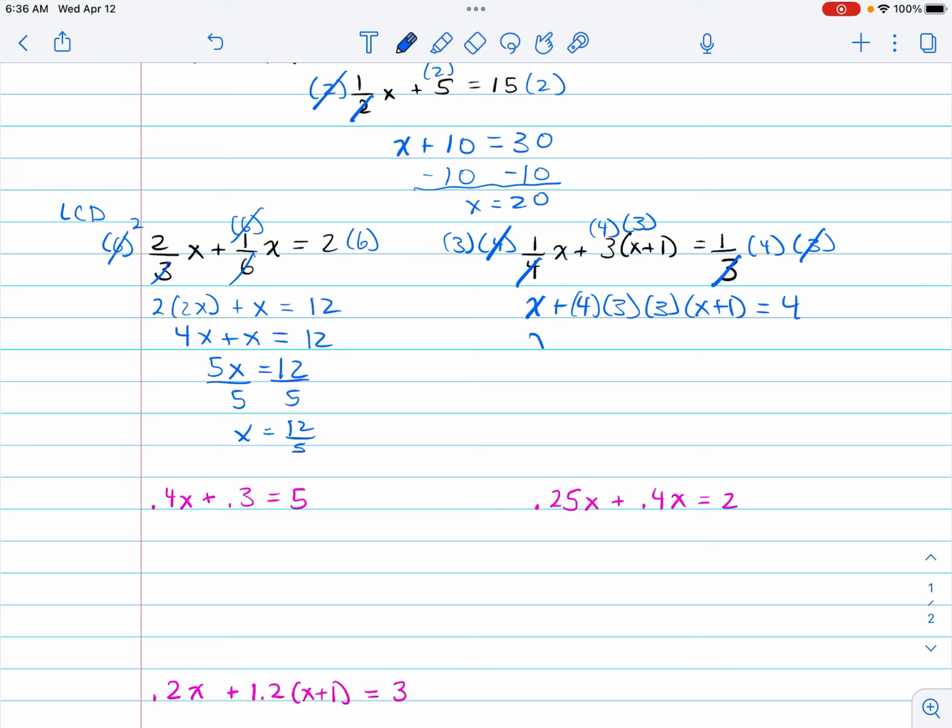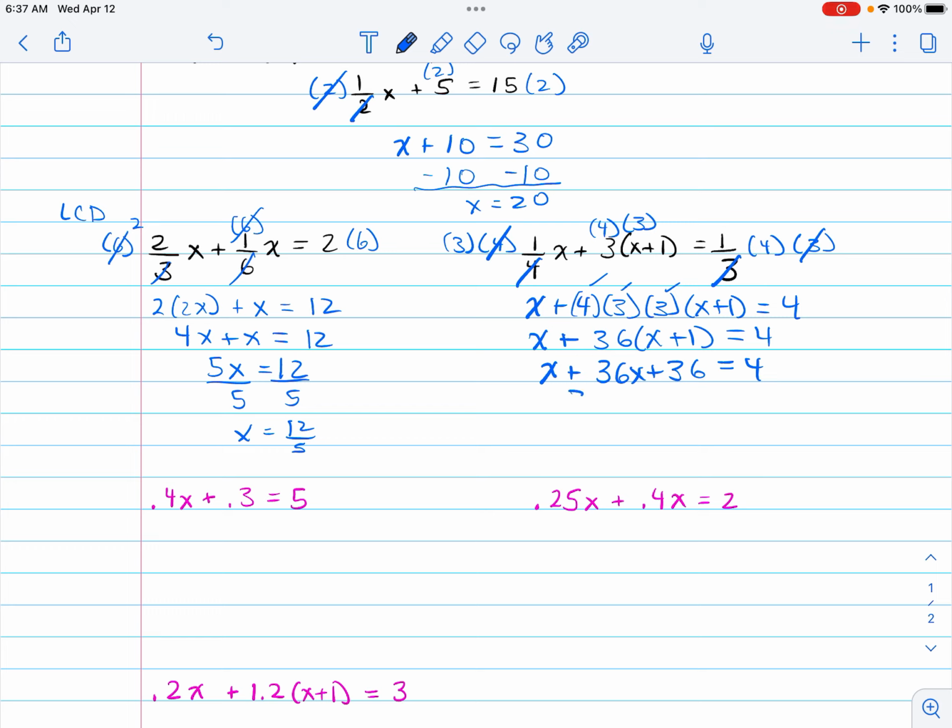And so what we've got is x plus 36 times x plus 1. See? 4 times 3, that's 12, times 3, that's 36. Then, next thing we do is we clear the parentheses. Okay, like that.